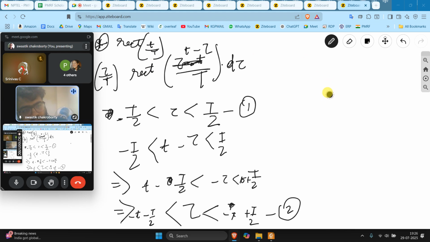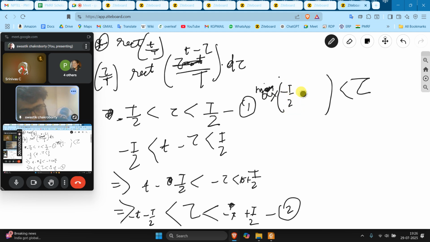So effectively tau is defined between the maximum, because we have to find the intersection area. So the maximum of minus T by 2 and minus t minus T by 2, and on this side it will be the minimum of T by 2 and minus t plus T by 2.